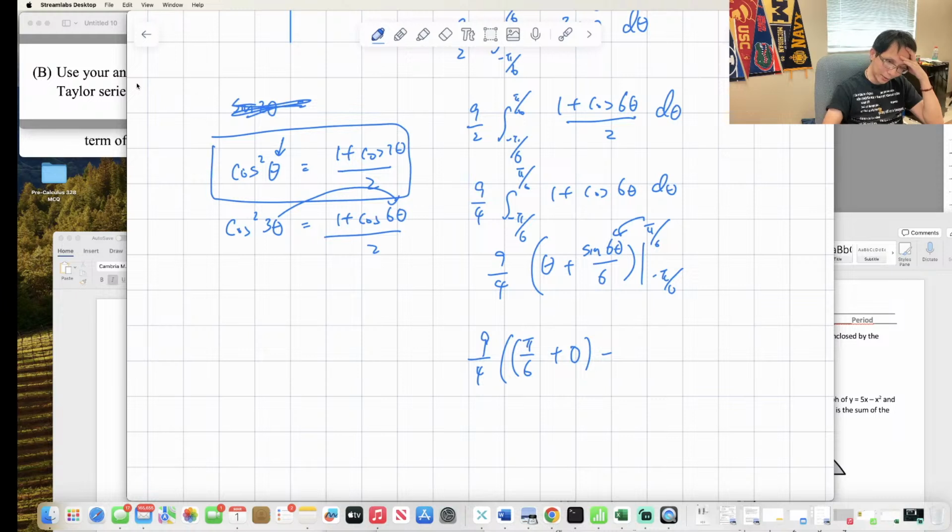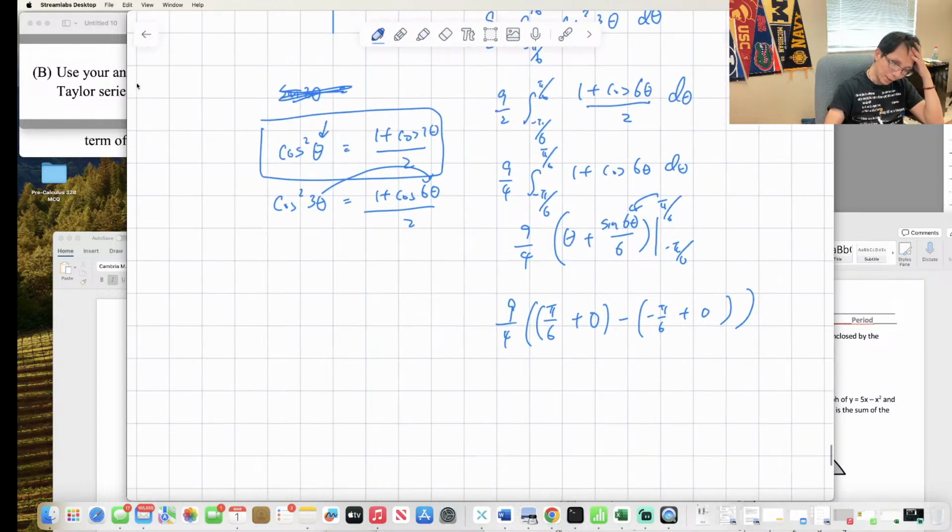And then minus the next one: negative pi over 6 plus sine of negative pi, which is 0. So the answer is actually much easier than you think. Because it's pi over 6 plus pi over 6, it's going to be pi over 12. No, sorry, pi over 3. So pi over 3 times 9 over 4 is going to give you 3 pi over 4. That's the final answer.